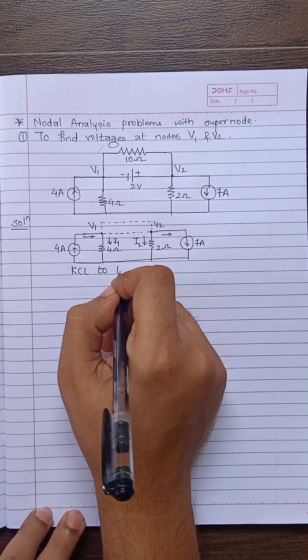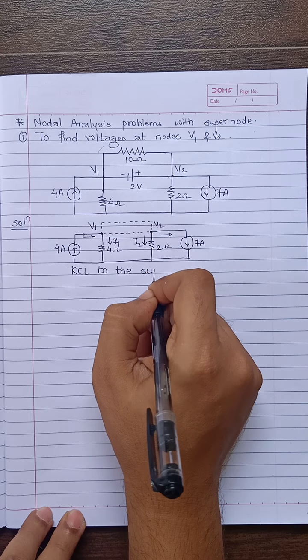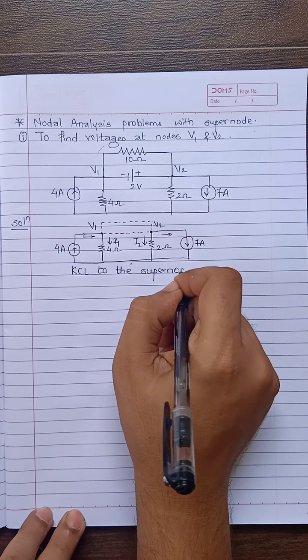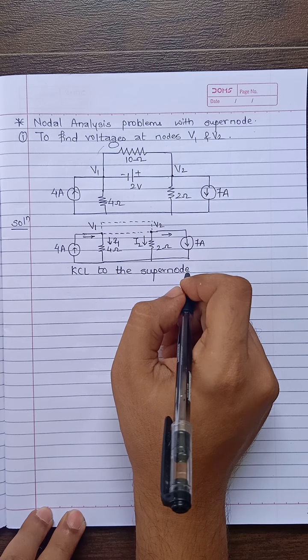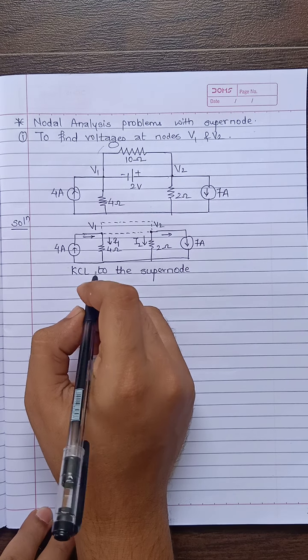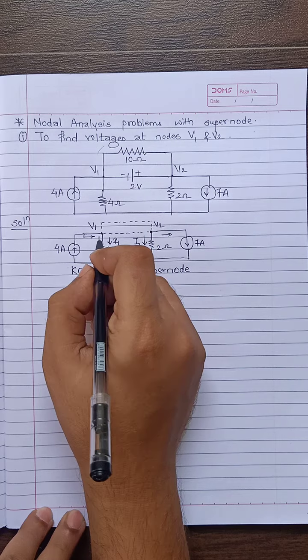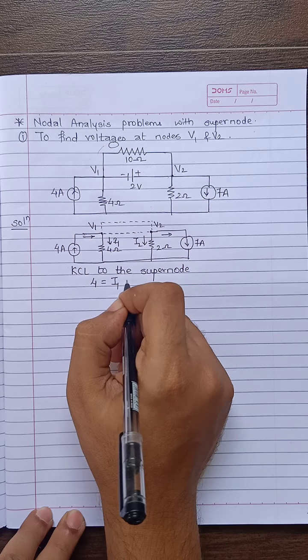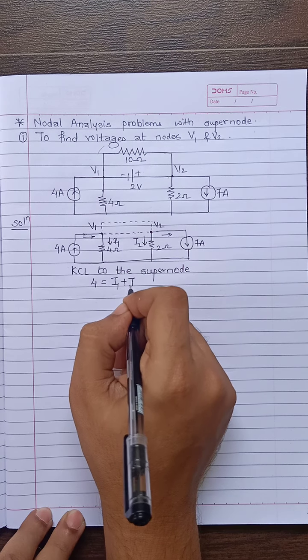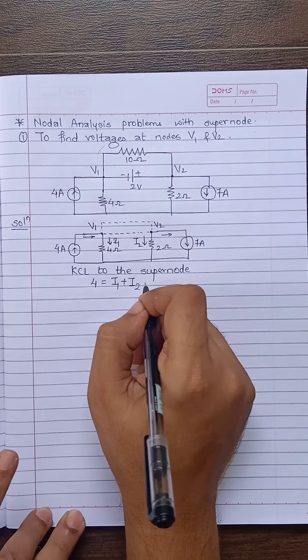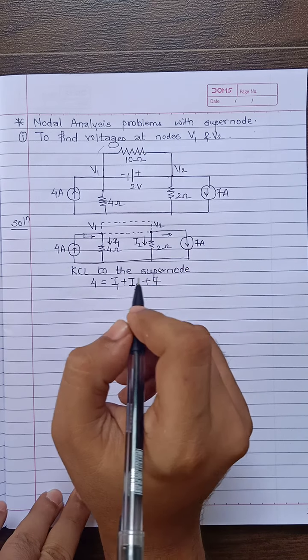So applying KCL to the supernode, I can say 4 which is coming towards, I1 is going away from the node, I2 is going away from the node, and 7 ampere is going away from the node. Right. So this is the KCL equation of the supernode.